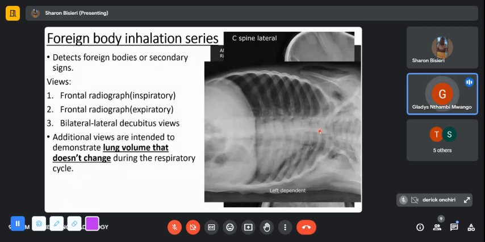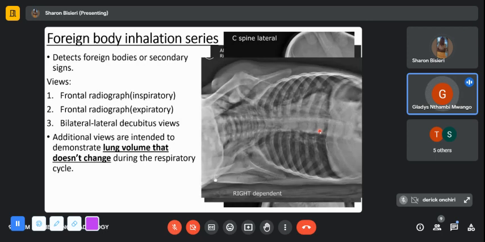But when you do a right dependent, it becomes really not clear because they have a similar opacification. The only thing is that the cardiac shadow seems to be displaced a little bit more towards the left.